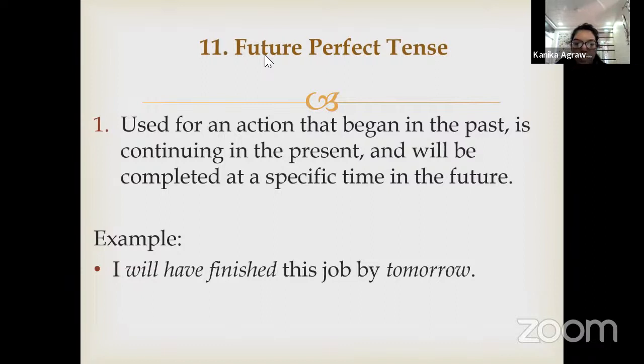She will have finished. No. This is wrong. You have to explain. I will have lived there for 3 months.